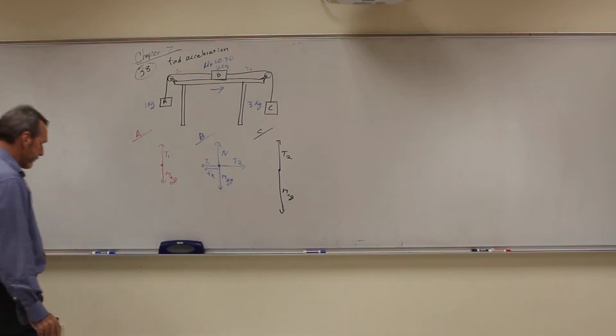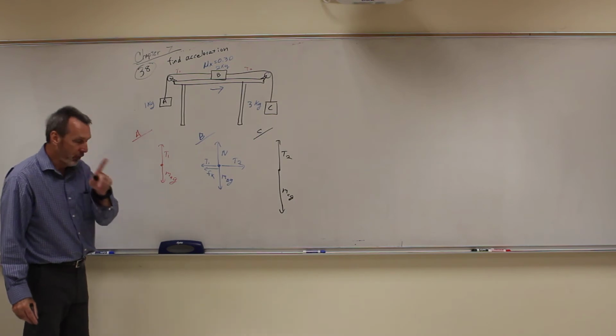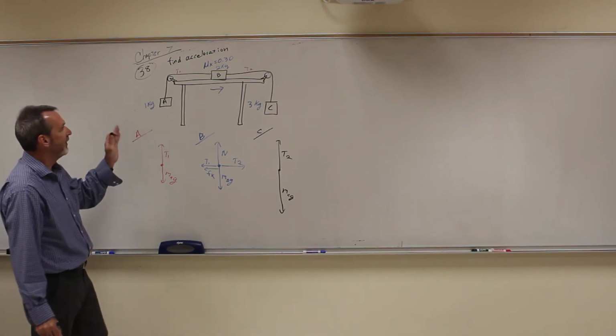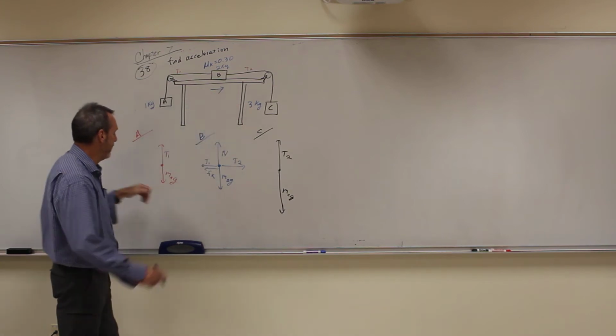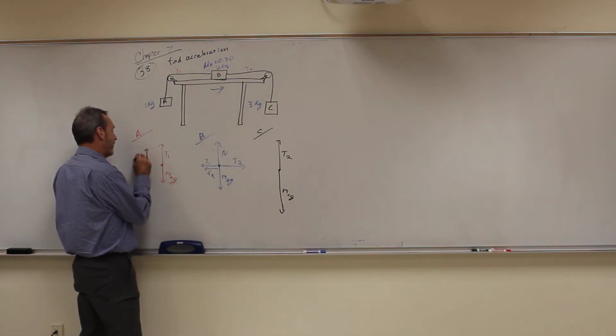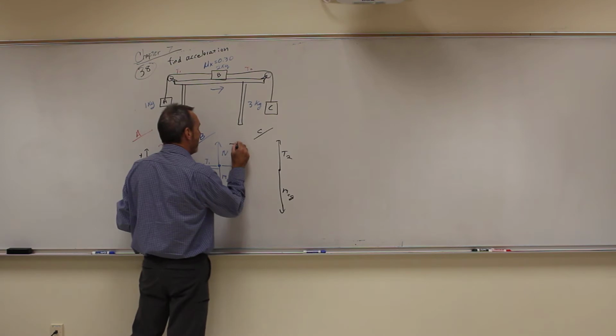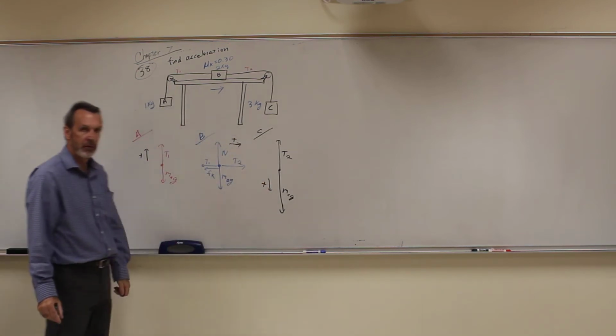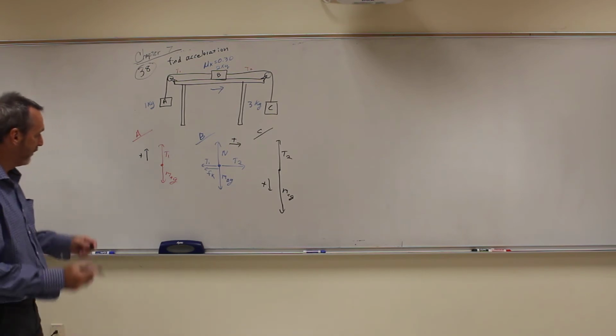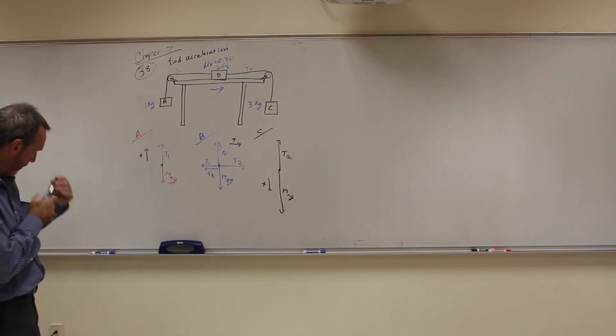All right. Now, we got to be really careful here because the whole thing is accelerating this way, so we have to have our positive going the same way. So in this case, we're going to have positive going up here, positive going to the right here, and positive going down here. And we have to keep those signs right or you're going to get in trouble.